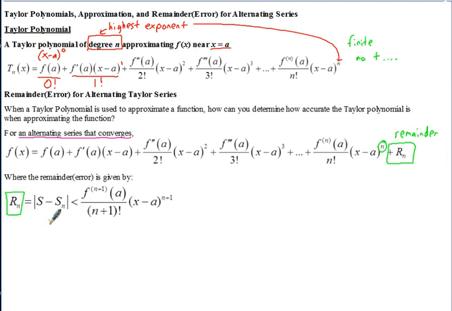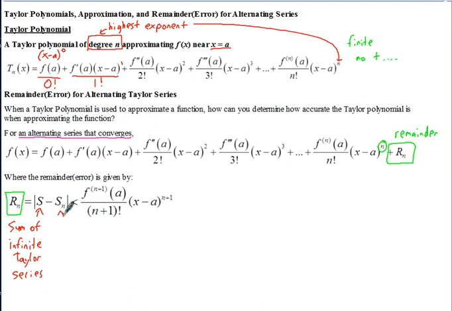Okay. Let's look at the notation here. This S, just like it does for a geometric series, represents the sum of the infinite Taylor series, if you did use all the terms.